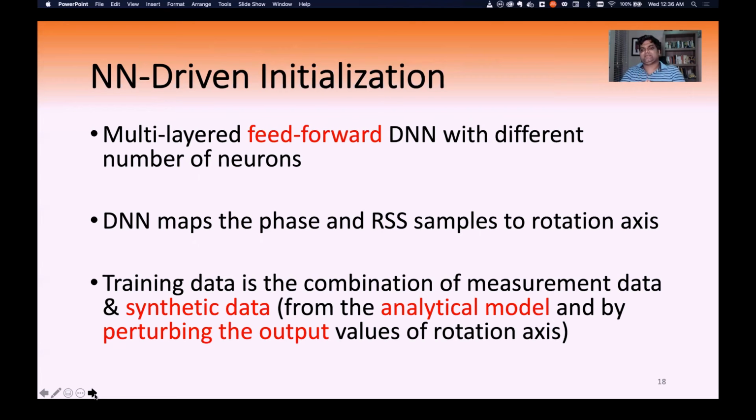And we get the training data from the measurement and also our synthetically generated analytical data, and we augment the data by perturbing the output of the rotation axis, making the initial input also the same. So we get a very accurately trained neural network for this particular model.